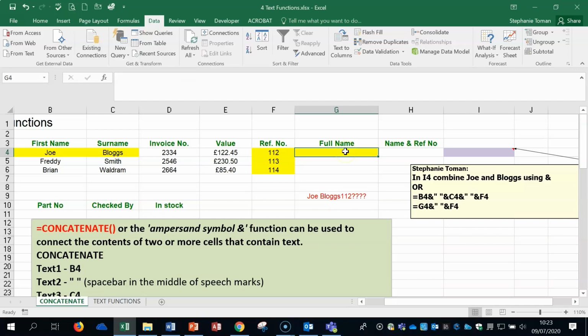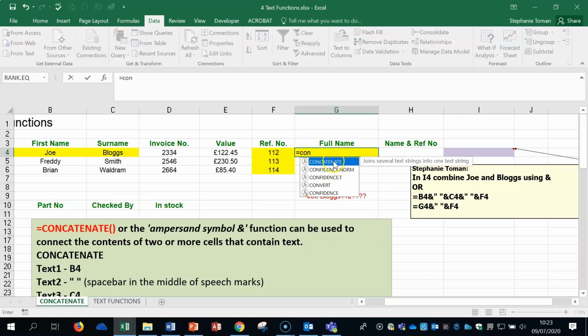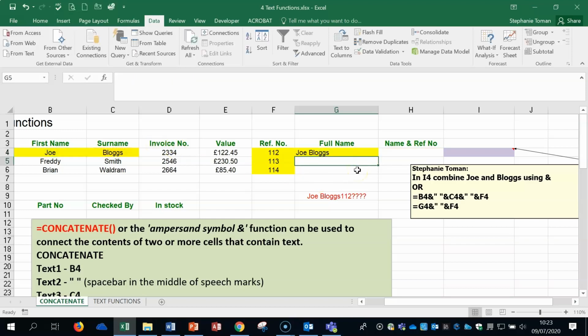So let's delete that and do it together. So the first thing to do is to find the concatenate. You've got your first cell, comma, speech mark, space bar, speech mark, comma, second cell, close bracket, and enter.